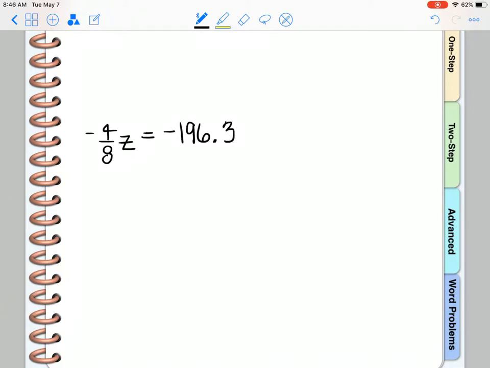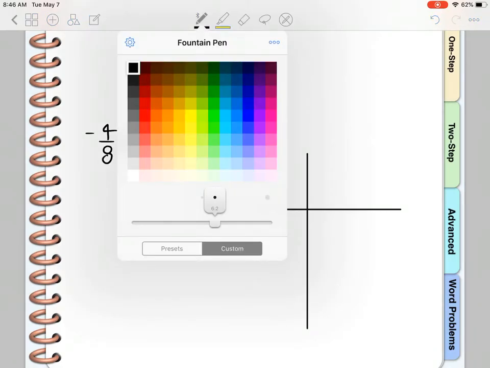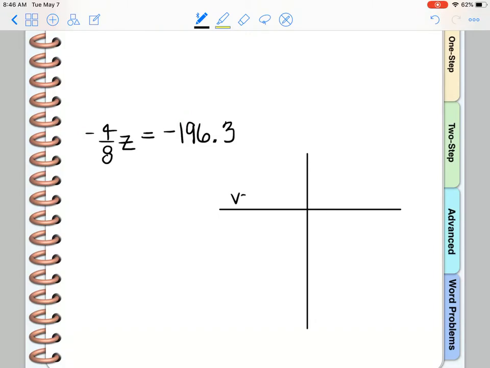I'm sorry. I'm very sleepy this morning and my brain is just not functioning correctly. So we have the variable, negative 4/8 Z, and then negative 196.3 on this side, and we have a constant here.